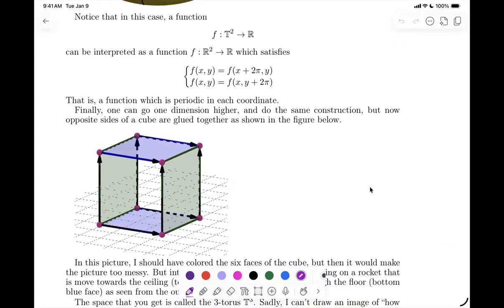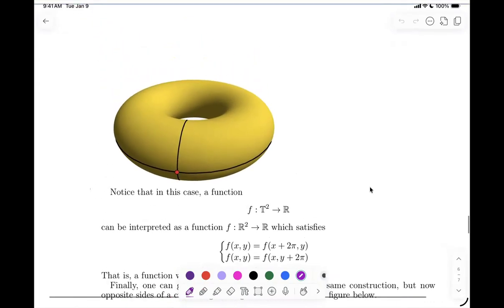What I meant to say is that I think I had mentioned this on the first day of class. One of the interesting things is that you see this circle wrapped around the donut. If the donut is hollow, if there's no inside to the donut, this circle cannot be contracted, cannot be shrunk to a point by staying within the donut.